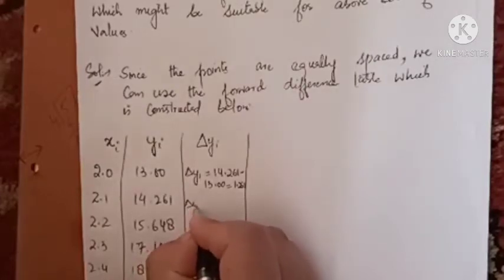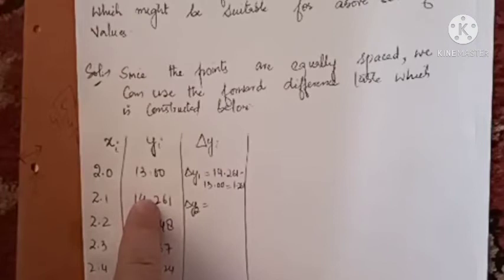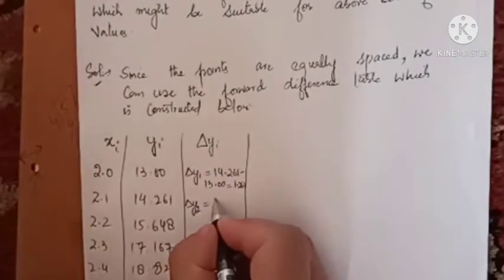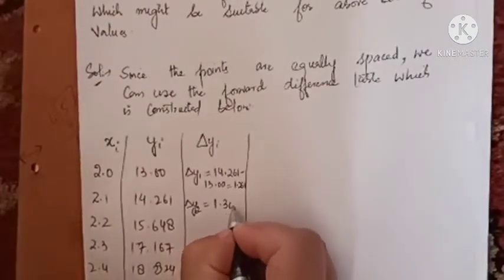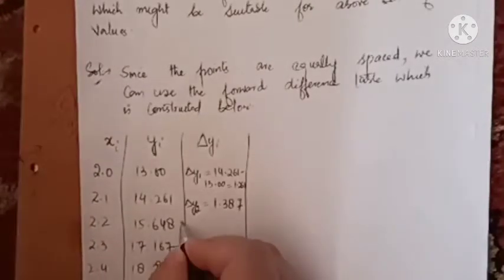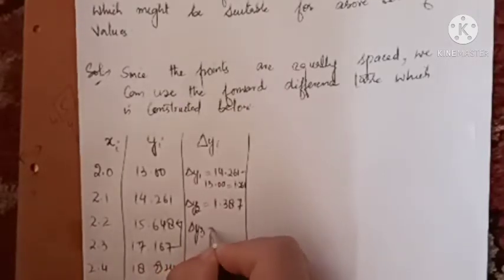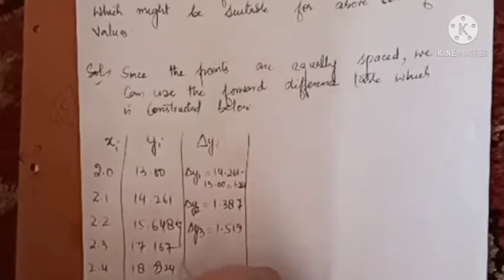Similarly, delta y2 will be equal to this minus this, so 1.387. Then this value subtracted by this value, delta y3 will be equal to 1.519.